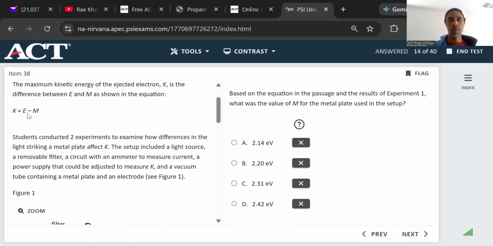What do we want? The value of M. So if we rearrange, E minus K will equal M.